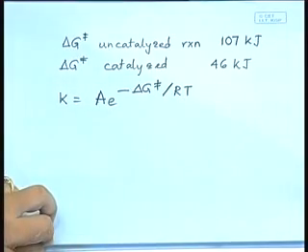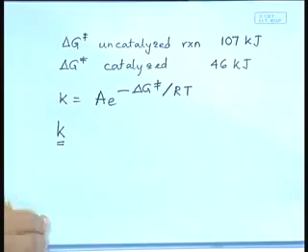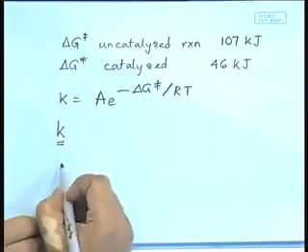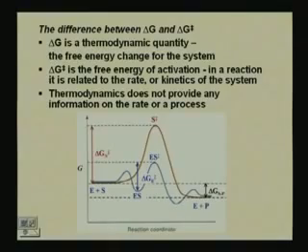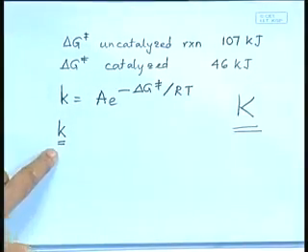So, what can I do? I can find a k value. Now, this is small k. Small k is for rate always. Capital K is for equilibrium. It is never the other way around, and you should never make that mistake. Capital K is always for equilibrium, and small k is always for the rate.